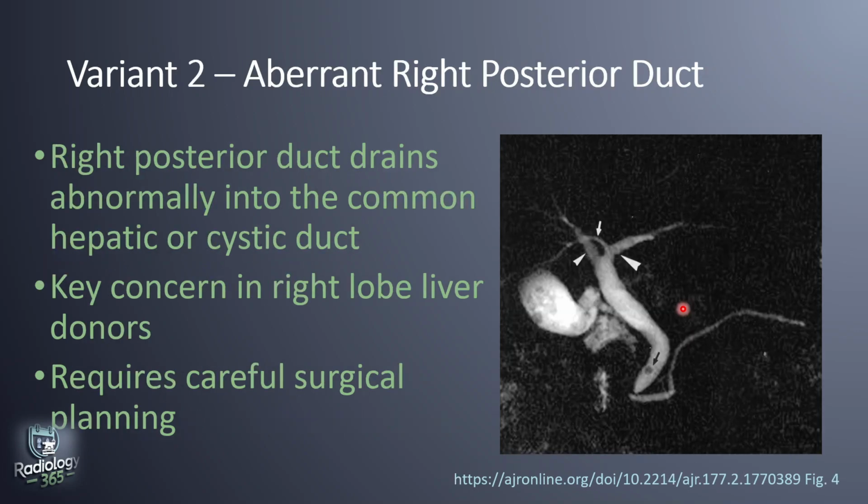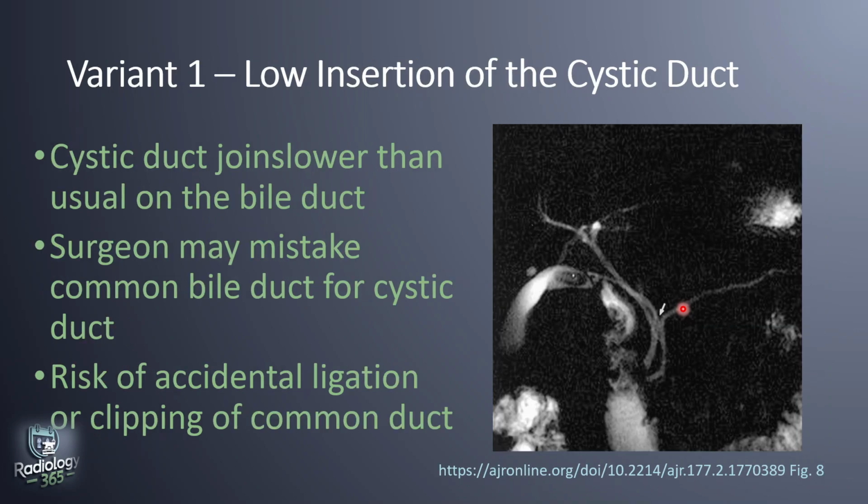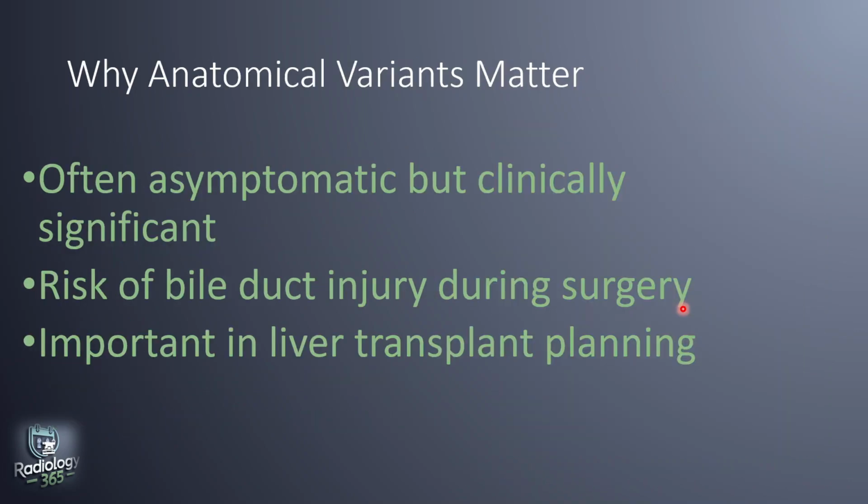Now for the next variant, that's the aberrant right posterior duct. We need to remember the anatomy of the normal right posterior duct. So let me just quickly send us back to the normal anatomical image that we saw from the start.